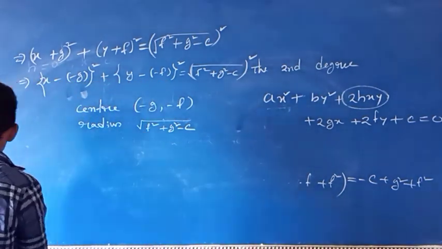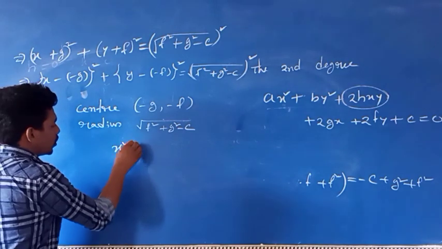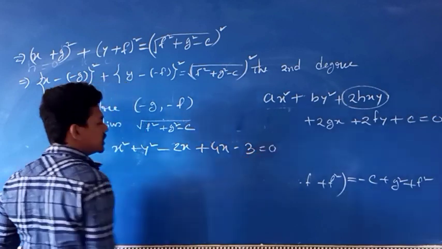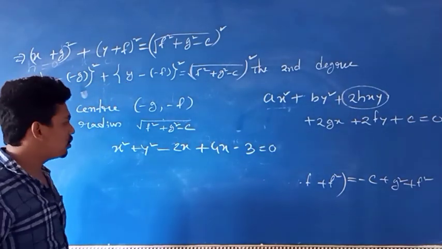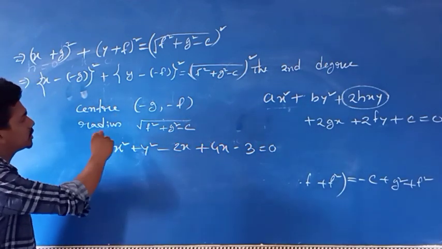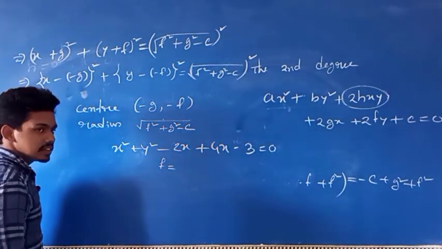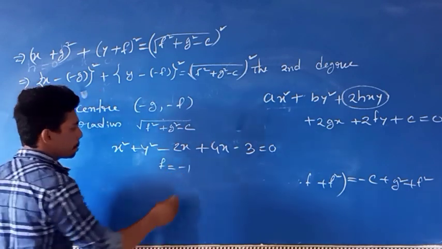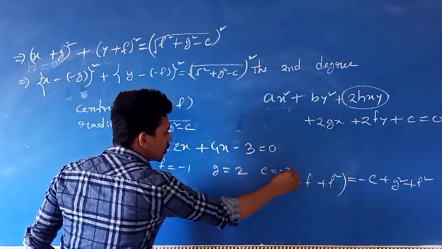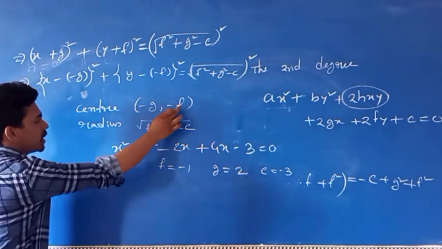Now suppose this is a circle in general form, and you need to find the center and radius of the circle. So by comparing this equation with the general equation of the circle, we get f is minus 1, g is plus 2, and c is minus 3. So the center of this circle is minus g, minus f.